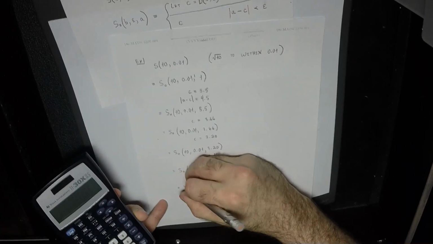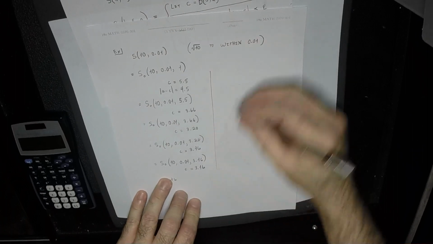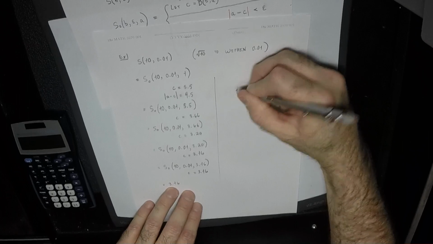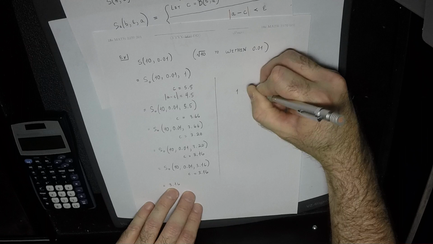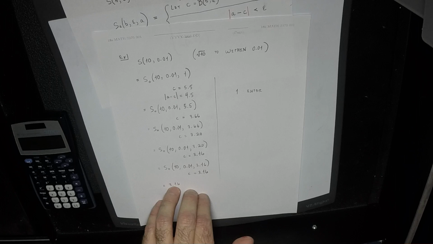For those of you who are wondering how I'm doing that with my calculator, I start out by typing 1 and then pressing enter. What happens when you do that at the MATLAB command? It doesn't make an error. It says ans equals 1, right?